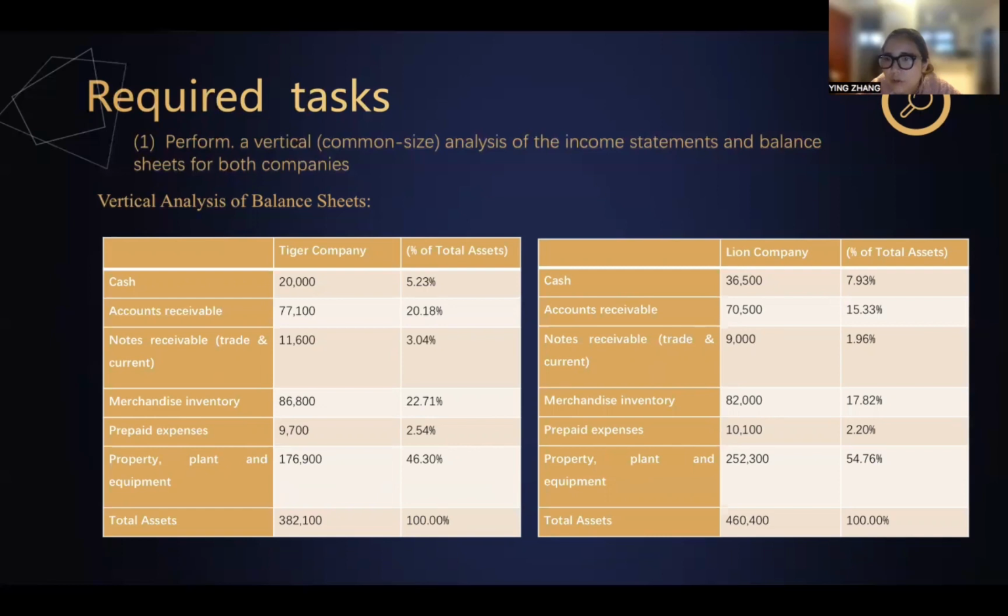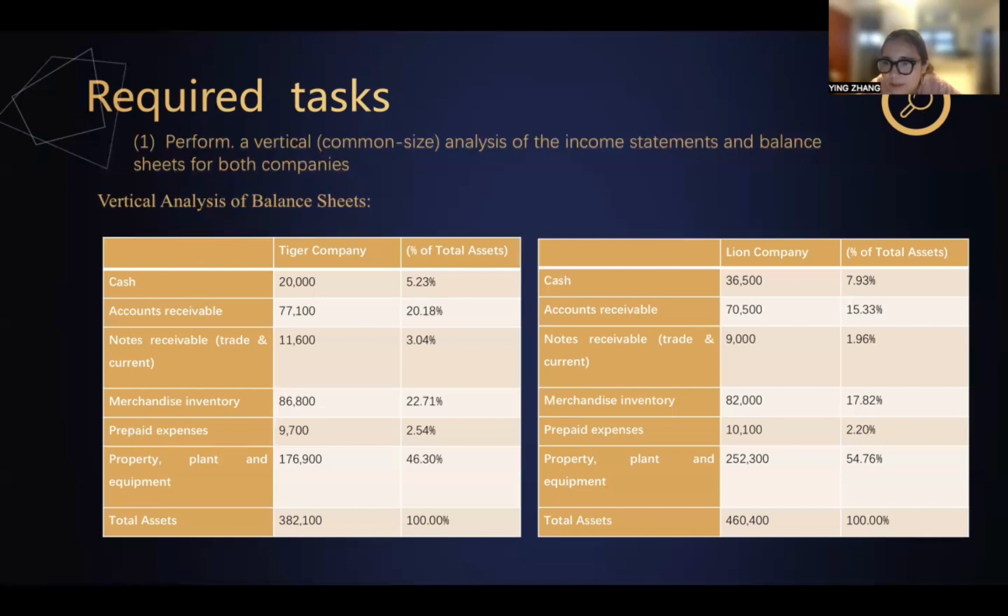Accounts receivable accounts for 20.18% of Tiger Company's total assets, while for Loin Company, it represents 15.33%. This suggests that Tiger Company has a relatively higher proportion of accounts receivable, requiring attention to risk management and cash collection capability.